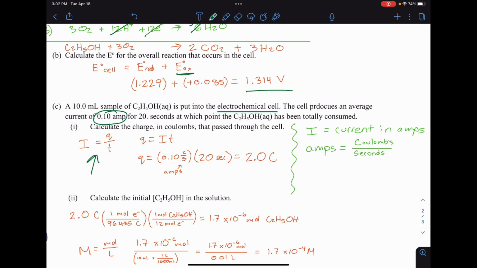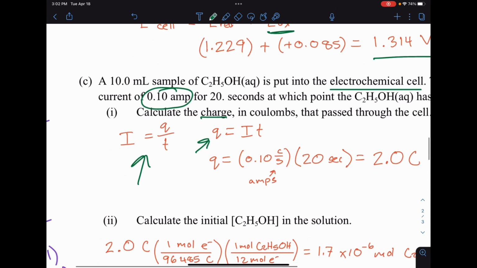And amps is a unit for current, and it has units of coulombs in the numerator and seconds in the denominator. So we have I is equal to coulombs over seconds, charge over seconds. When we are trying to find charge, though, that means we're trying to find Q. So that means Q is equal to the current times the seconds.